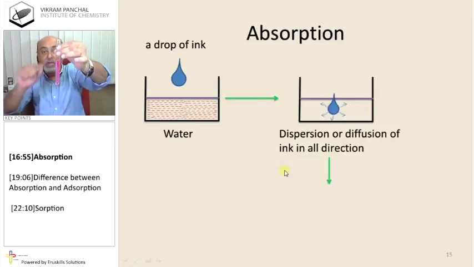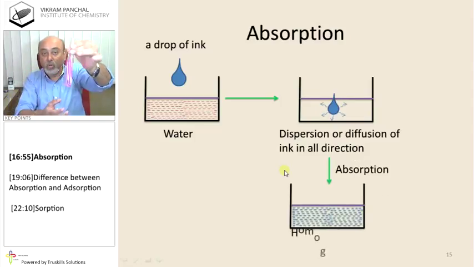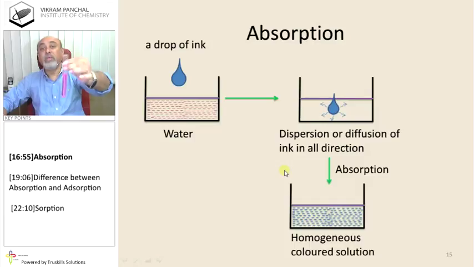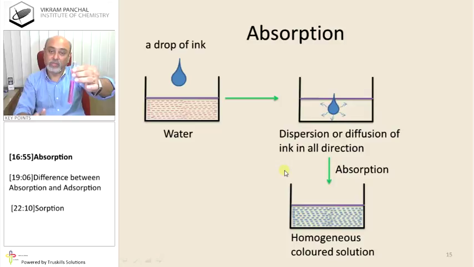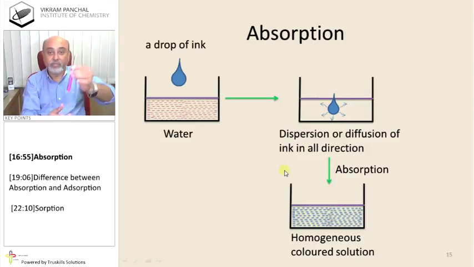That means the colored solution particles disperse into the whole solution, and therefore you will see a homogeneous colored solution. This is known as absorption. It is called absorption, where one substance disperses and penetrates into all layers, and therefore you see a homogeneous color.